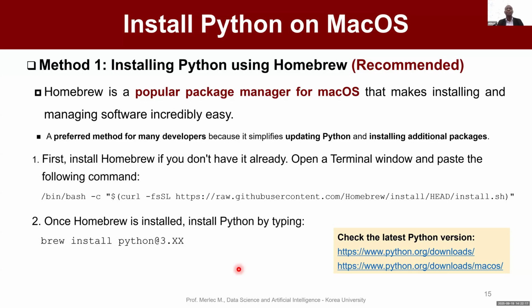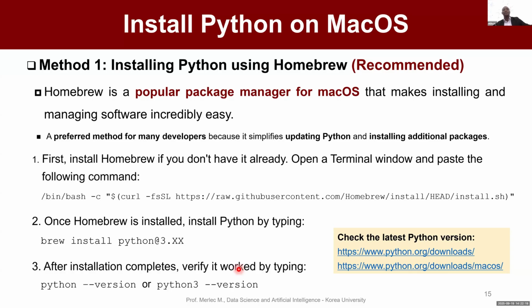It's not hard. And when the installation completes, you can also check the version of the Python interpreter which is installed on your Mac system. If you install just the classical Python interpreter, you have to type python --version, and it will work.